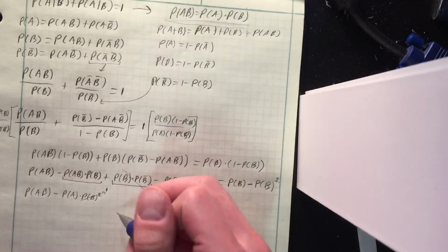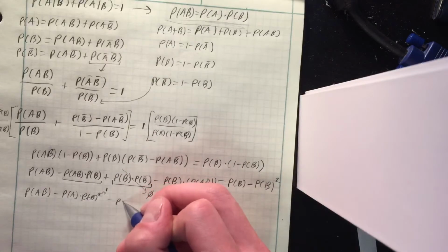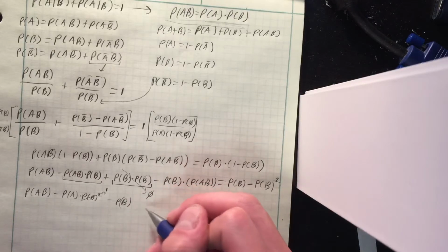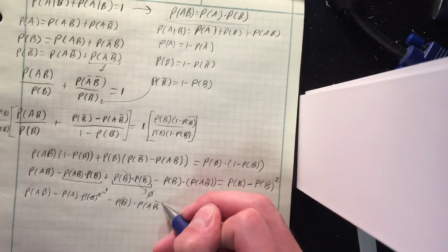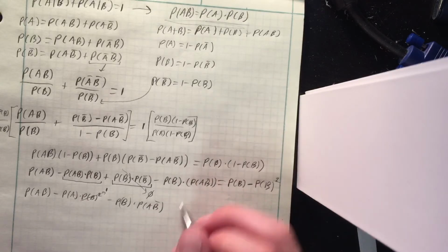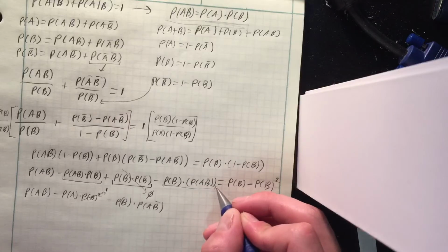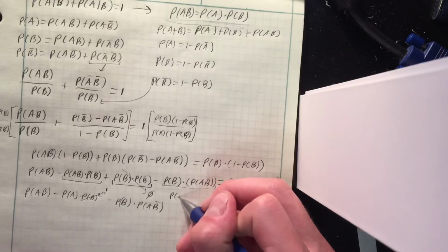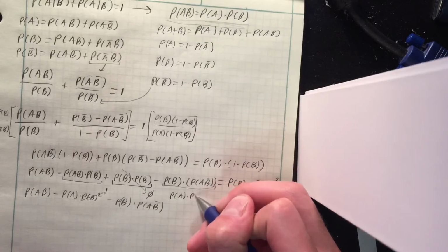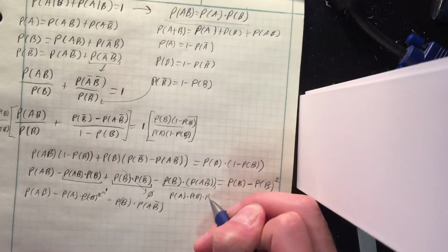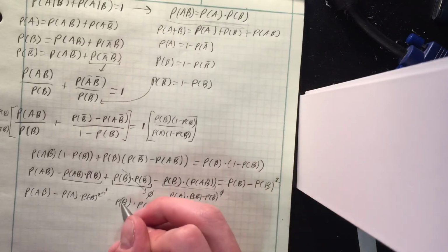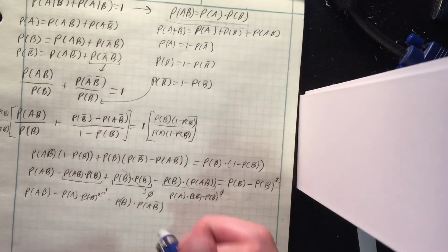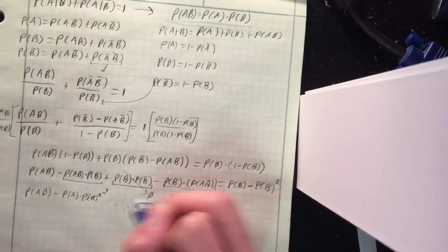So now we have the probability of A, and then minus the probability of B, again multiplied by the probability of A, B naught. So this would possibly change to the probability of A multiplied by the probability of B multiplied by the probability of B naught, and this will lead to the null set, thus removing that piece of the expression actually.